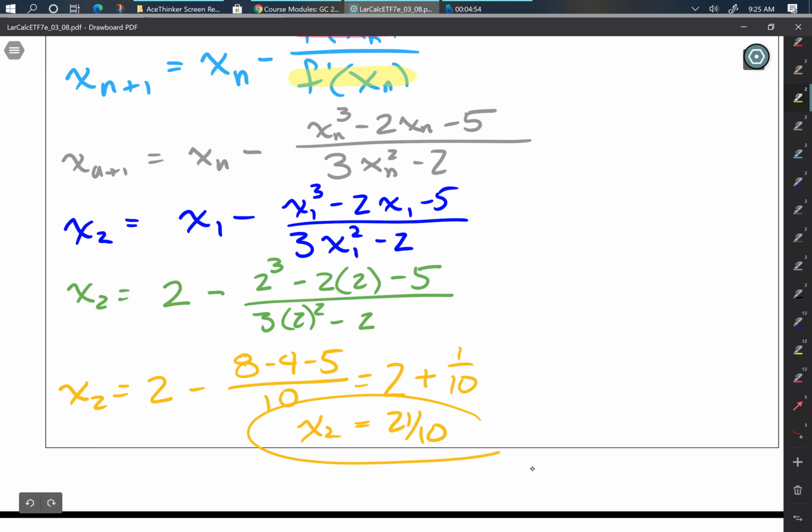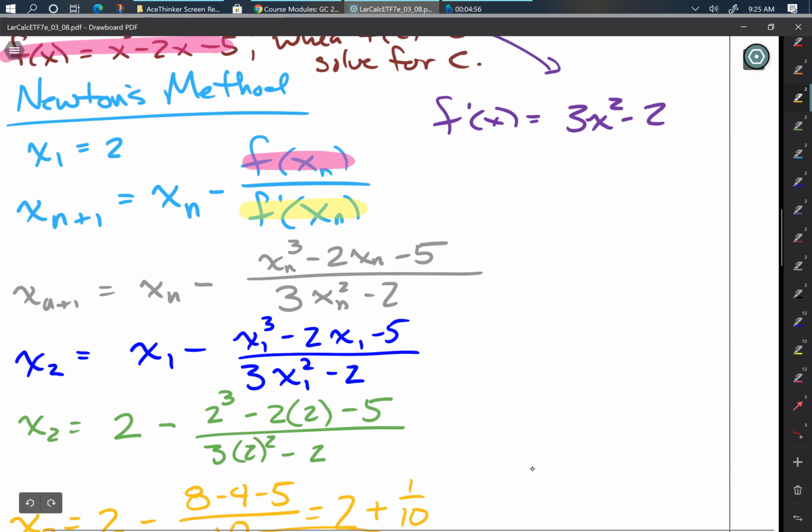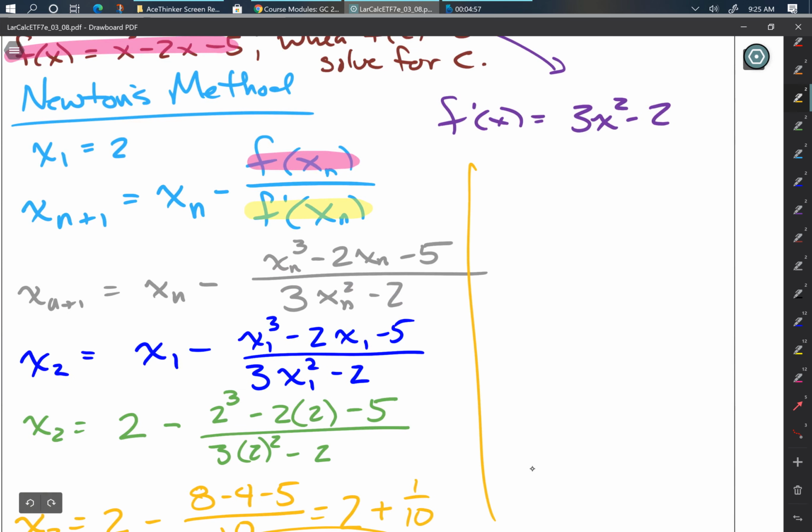But I'm not done yet. I need to find x sub 3. Let me change colors since I'm doing something new. X sub 3 is going to be equal to x sub 2 minus f of x sub 2 divided by f prime of x sub 2.